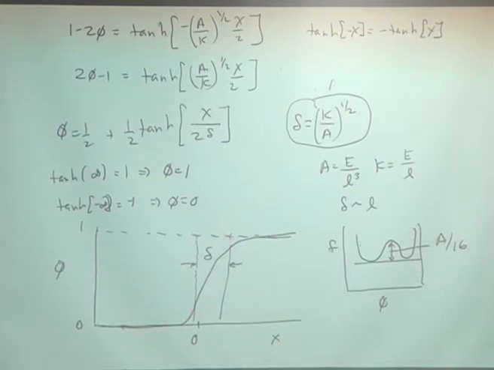As K goes to 0, delta goes to 0, which means you get a very steep interface like this, and that basically means the gradient energy doesn't cost anything.